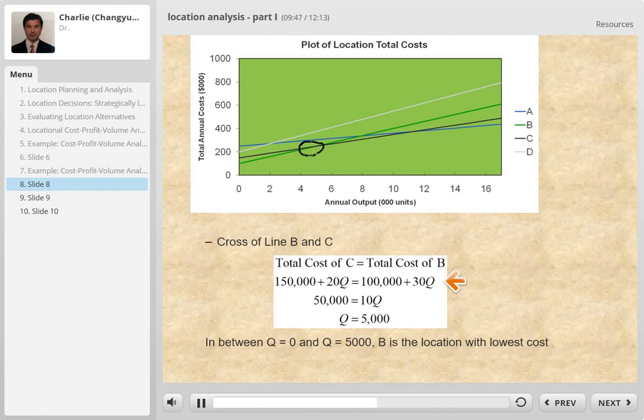So we rearrange this equation and solve it. We get Q equals 5,000. So we know that in between 0 and this point, the green line is the lowest, and we find that this point is 5,000 units. Then we know that in between 0 and 5,000 units, the green line, in other words location B, gives us the lowest total cost.